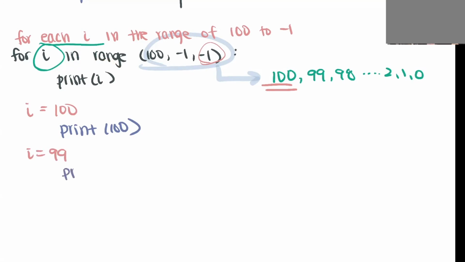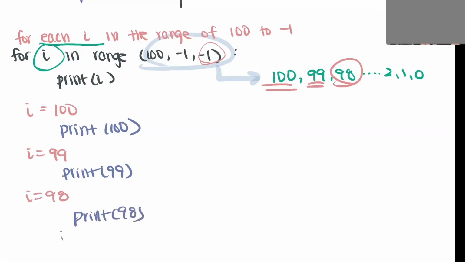We circle back up into the next number of the range. We already did 99, so we do 98. So I is equal to 98. When we fall inside the code block, we print I. I is currently 98, so we print 98, and then we'll just keep going.